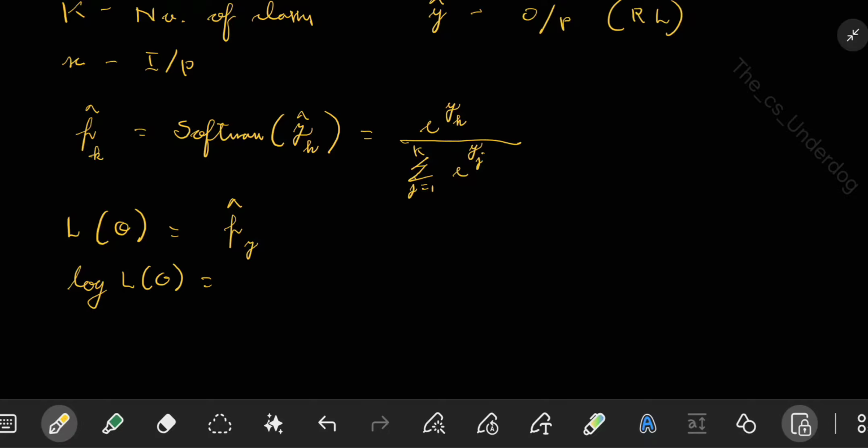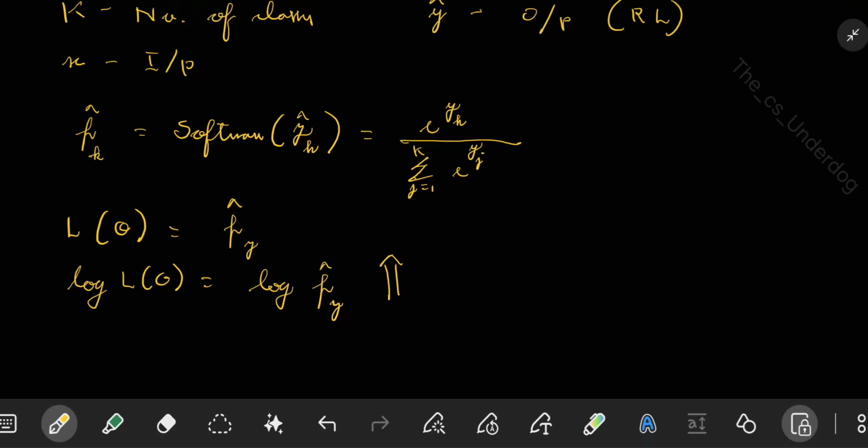I'm directly doing this because I'm expecting that you've already been through the previous lectures. We follow the same path in all those lectures. It will become log likelihood. And then you have to maximize this. Maximizing likelihood or maximizing log likelihood, both are the same.